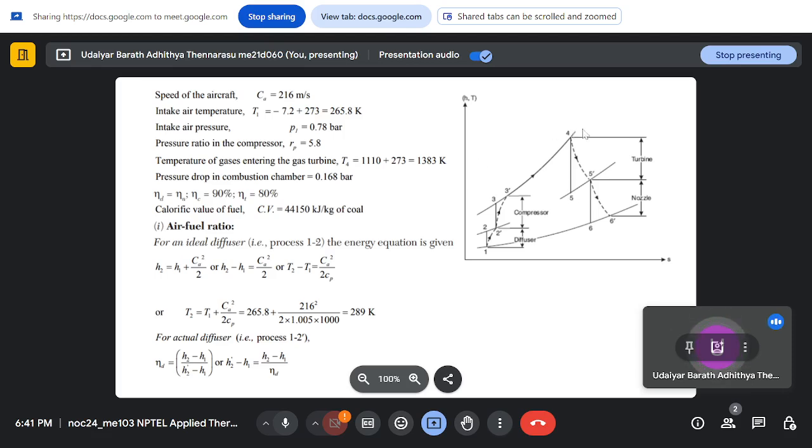Then 4 to 5 is in the turbine, actually isentropic 4 to 5, but it doesn't follow that, so it will be 4 to 5 dash. Then 5 dash to 6 is in the nozzle, again not isentropic actually, so 5 dash to 6 dash. This is expanding till the ambient pressure. You see 1 and 6 lie on the same isobar, because inlet is at 0.78 and exit is also at 0.78.